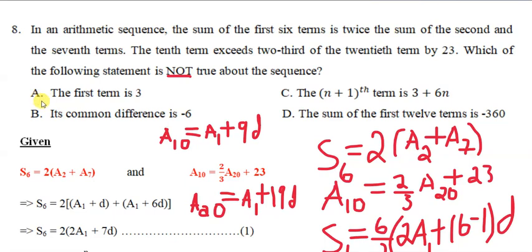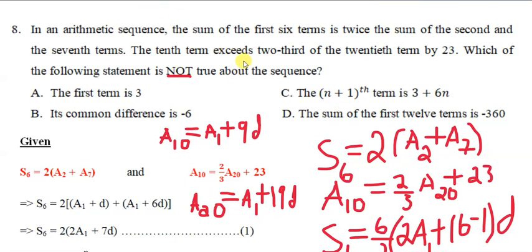The choice A says the first term is 3, therefore it is true. And its common difference is minus 6, this is also true. Both are true. What about C? Either this one is not true, or this one is not true. That is what we know.